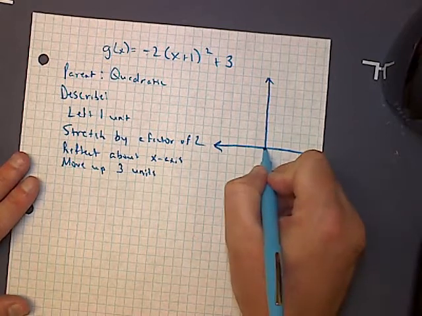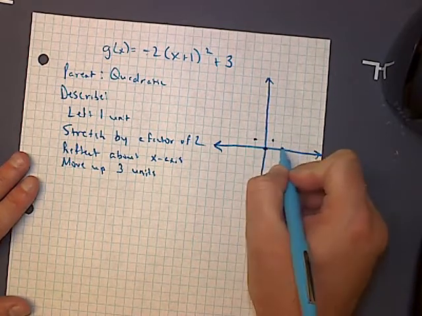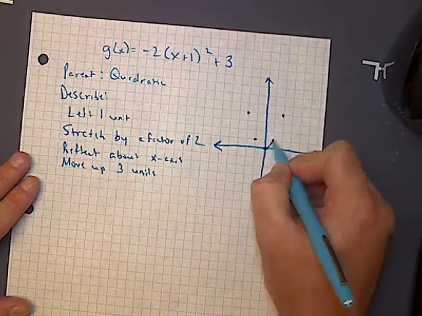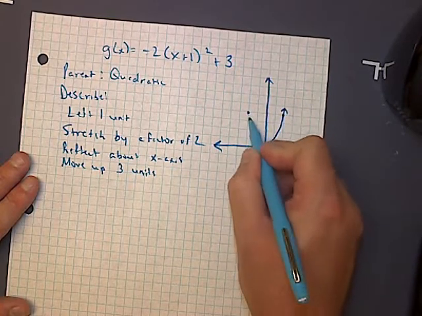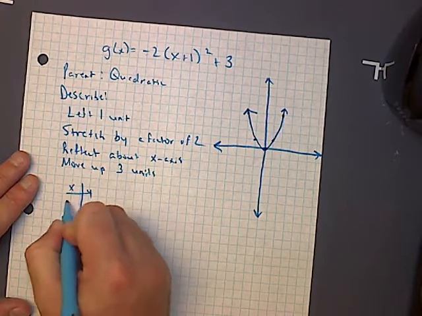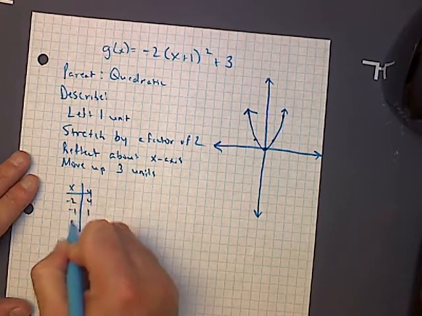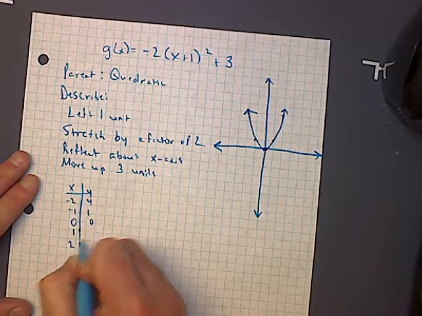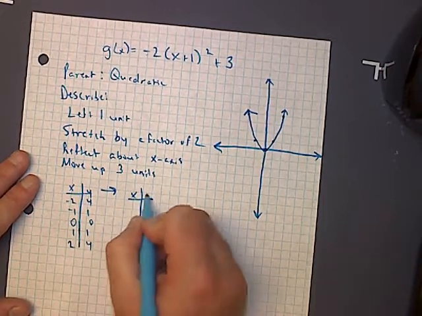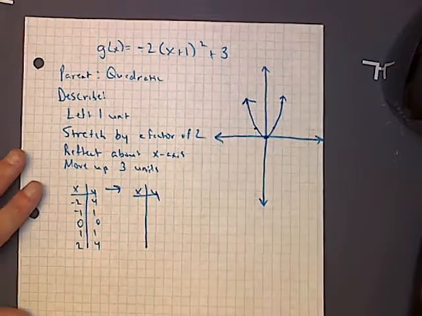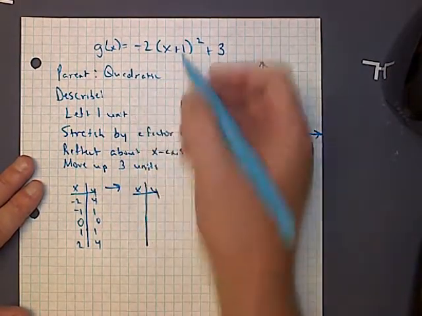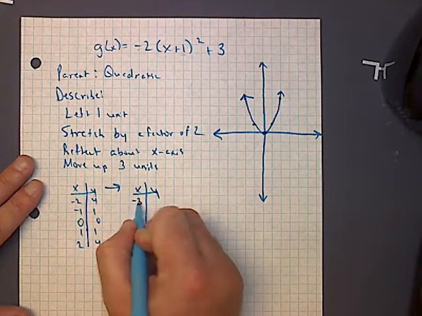Alright, graph the mother first, the parent. Make a table. First thing, this means really move left 1, so I'm going to add -1 to each of these x values.